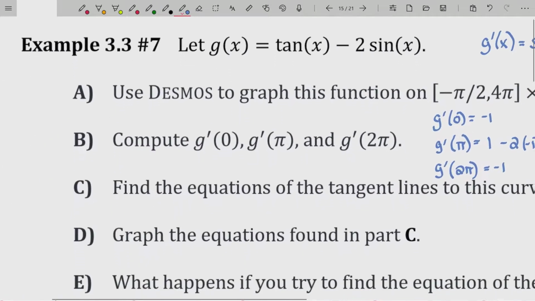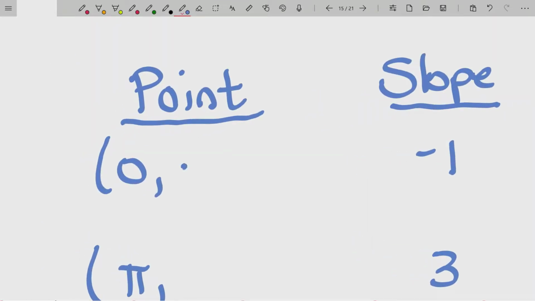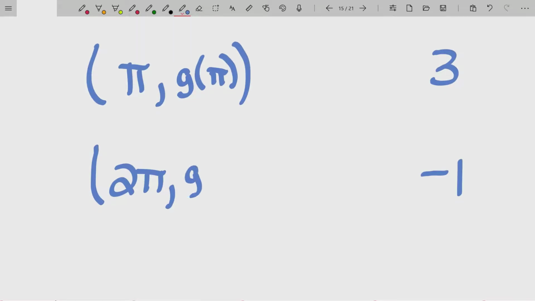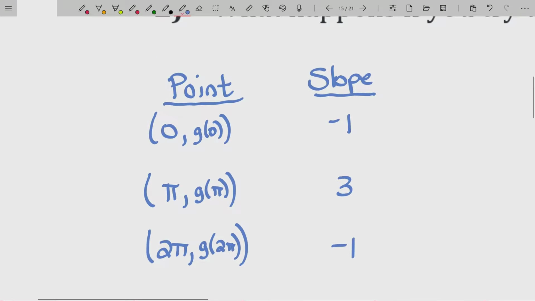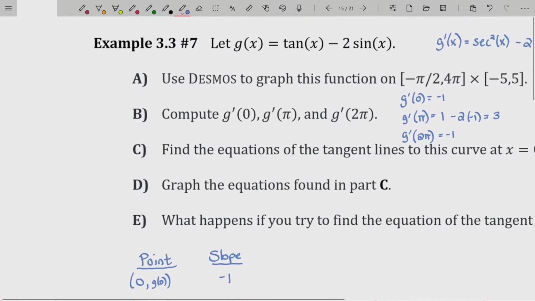In fact, just to really drive that point home, I'm going to say the point is 0, comma g at 0. And this is pi, comma g at pi. And this is 2 pi, comma g at 2 pi. And obviously, that just means go plug those values into the original function.